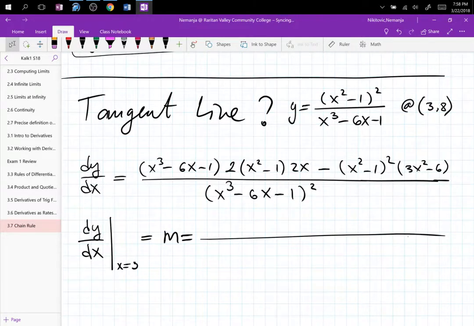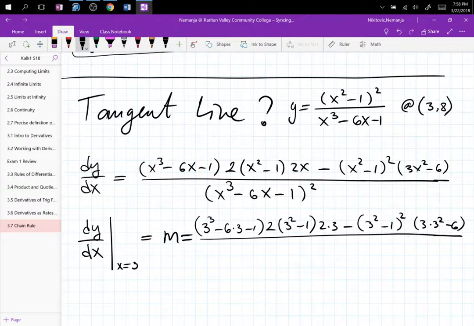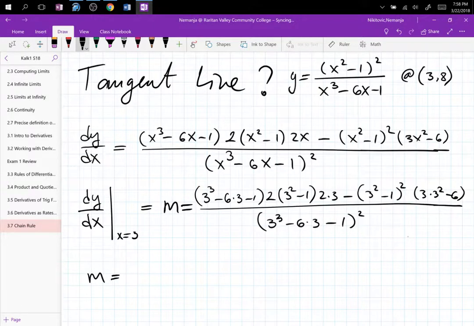All right, so what do we do? Well, we have (3 cubed minus 6 times 3 minus 1) times 2 times (3 squared minus 1) times 2 times 3, minus (3 squared minus 1), everything squared, times (3 times 3 squared minus 6), over (3 cubed minus 6 times 3 minus 1), everything squared. Now, slope equals, this parenthesis is 8.